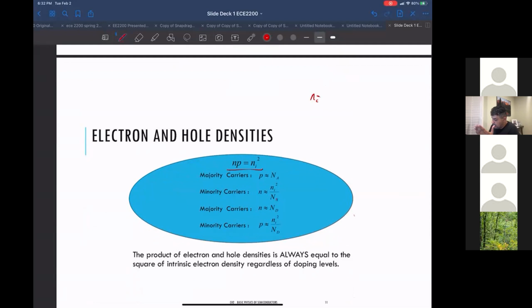This is always the case. So you're just going to have to take that on faith and remember that equation, that n times p is n sub i squared, where n is the density of free electrons.